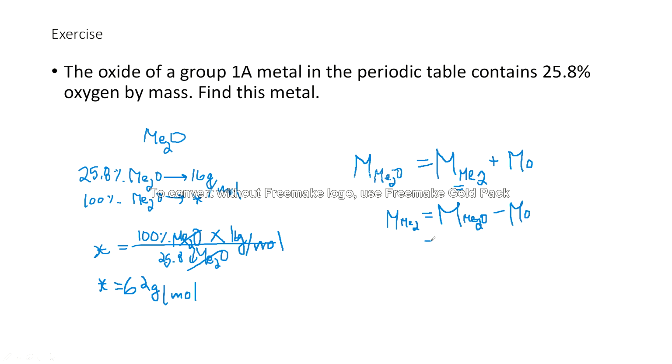In that case, I have 62 grams per mole minus 16, the molar mass of oxygen, grams per mole.